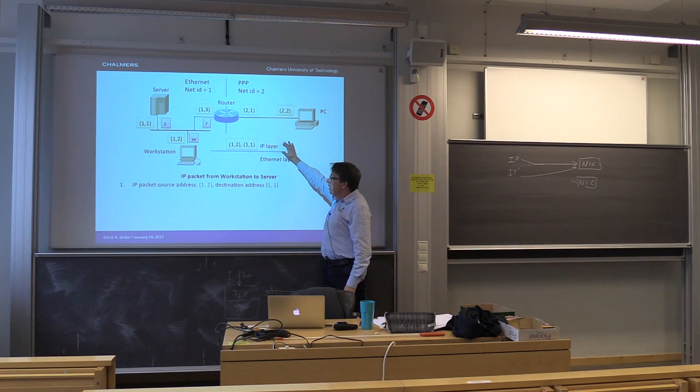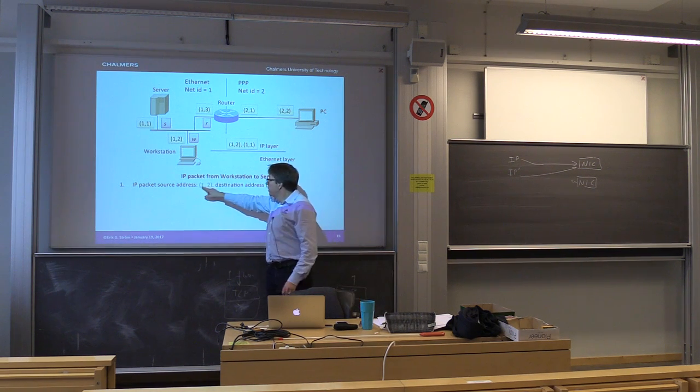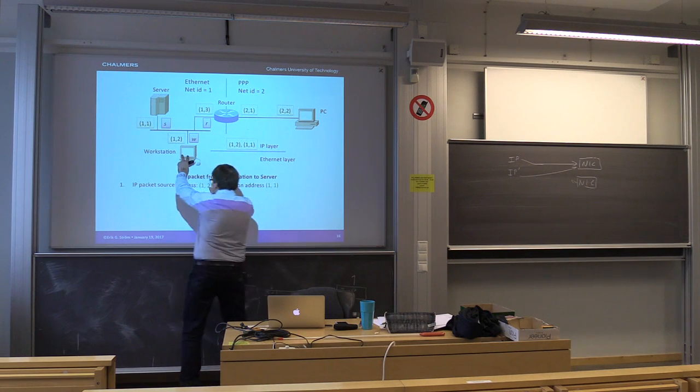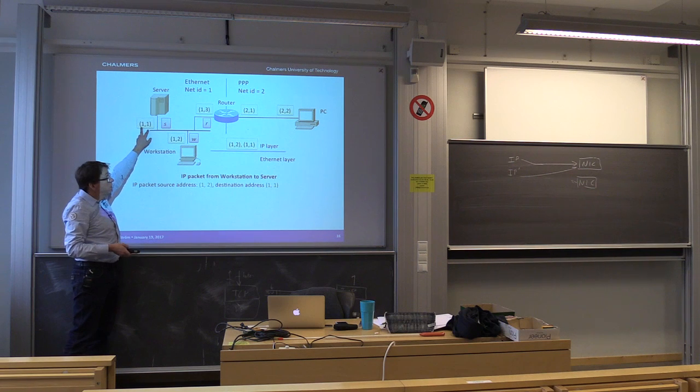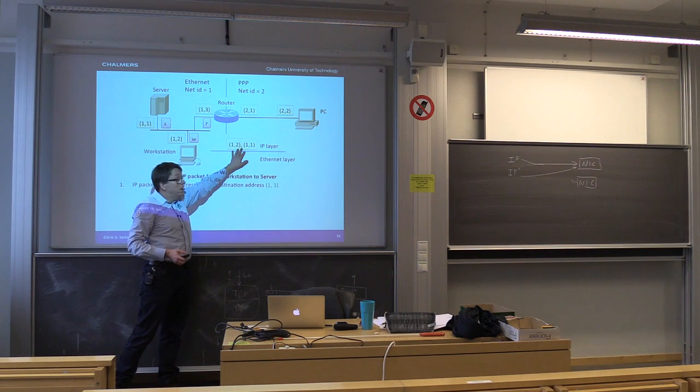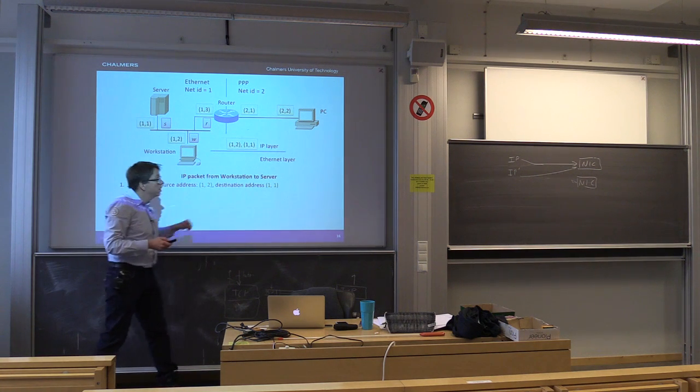The IP layer has been told to transmit a packet from itself, that is 1.2, the workstation, to the destination 1.1, which is the server. So the IP layer has, in its header, these IP addresses and payload. So this is the entire IP packet now.